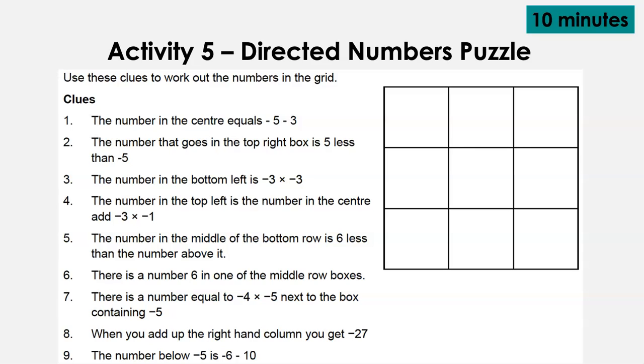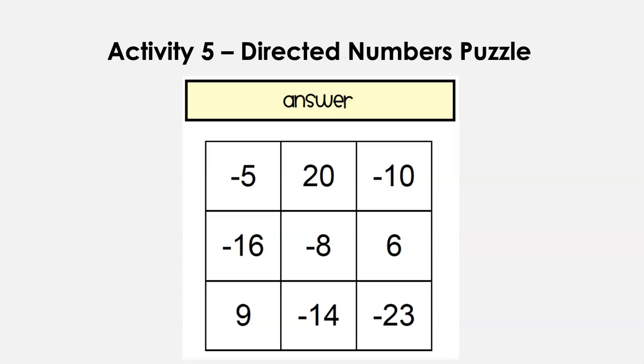And the number in the top left is your number that you wrote in the center, but adding -3 times -1 to it. So keep going through the clues, and I reckon within 10 minutes you'll have nailed this. Definitely. Pause the video, and we'll be back then. Okay, how did you go with the directed numbers puzzle? Here's our answer. Give you a second to mark it.